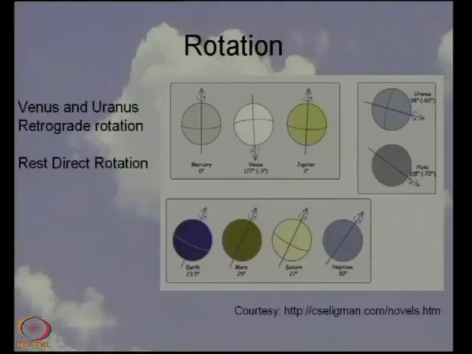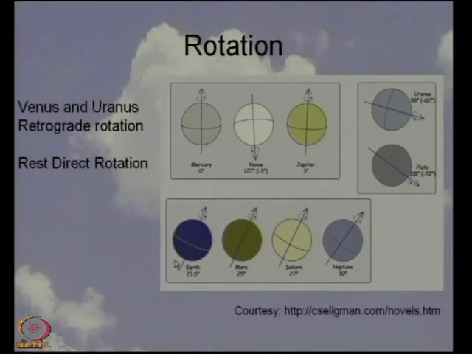Okay. Now, let us take a look at the rotation of these planets. So, this picture, the source is given over here. This picture shows you how the planets rotate.